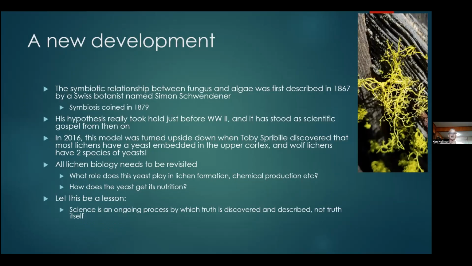Let's talk about how these things were discovered and how they were first described. In 1867, a guy named Schwendener in Switzerland first hypothesized that they were a relationship between a fungus and an alga.